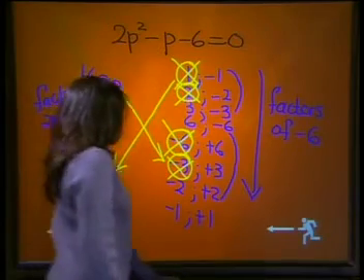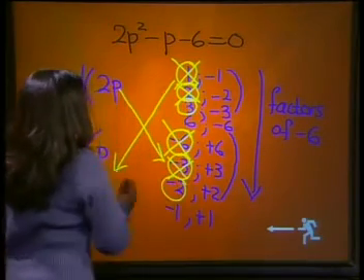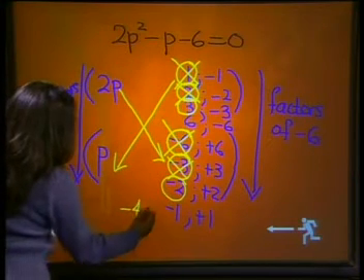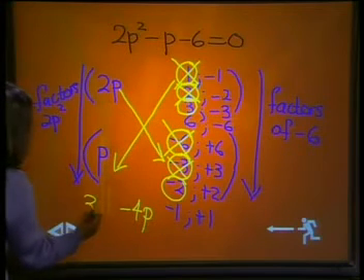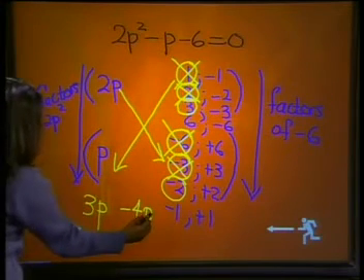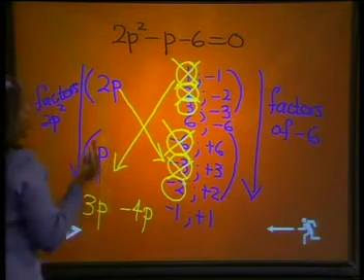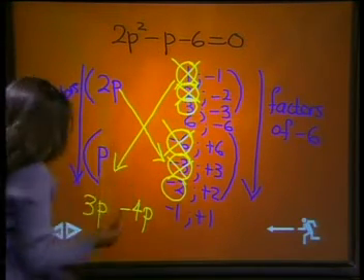So let's try our next set of factors, 3 and minus 2. If we multiply out, 2p multiplied by minus 2 gives me minus 4p. 3 times p gives me 3p. 3p minus 4p gives me minus 1p, which is the middle term. So our factors 2p plus 3 and p minus 2 are correct.